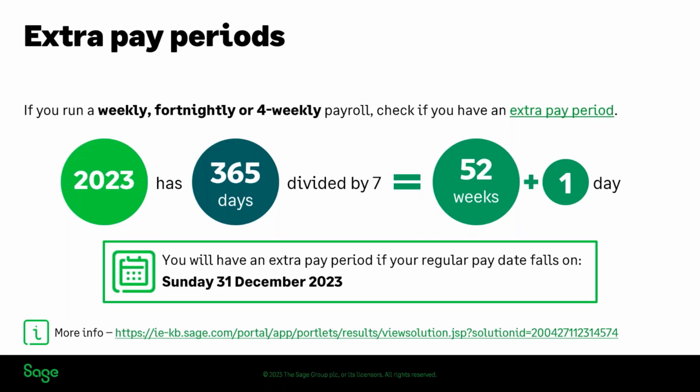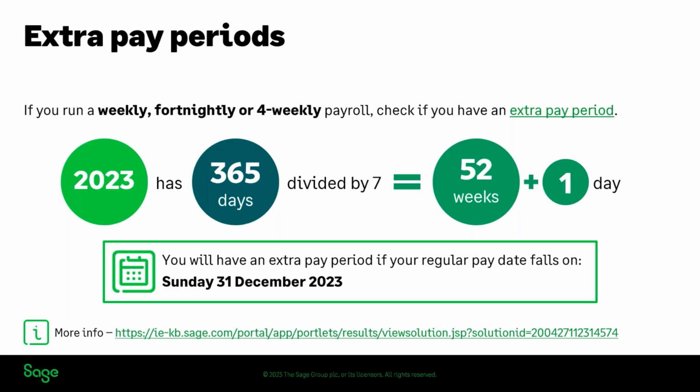And depending on what day of the week your pay date happens to be, you may end up with this extra pay period. Now for 2023, you will only have an extra pay period if your regular pay date falls on Sunday, the 31st of December.